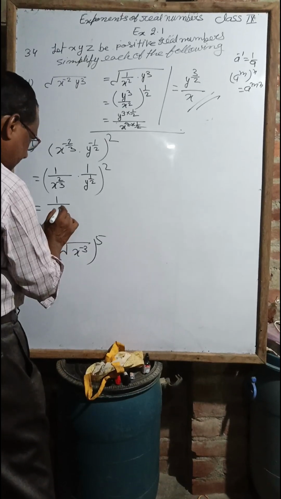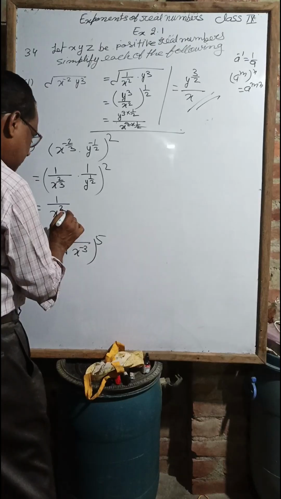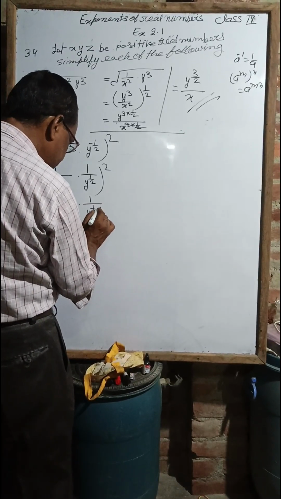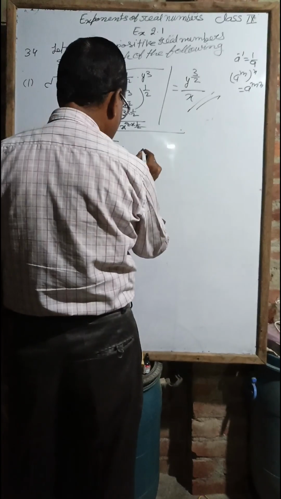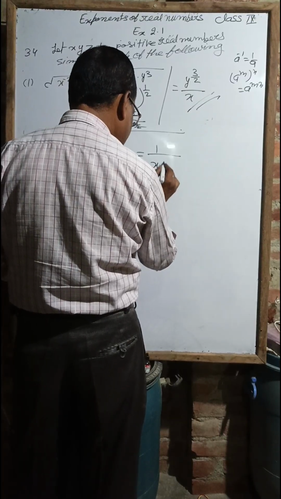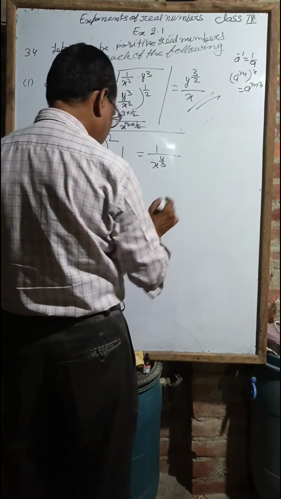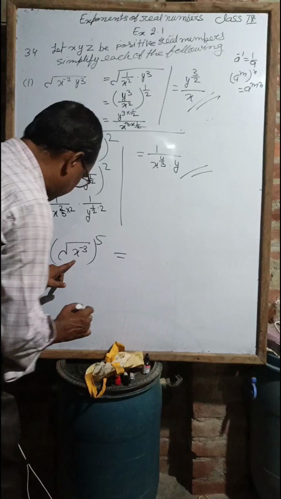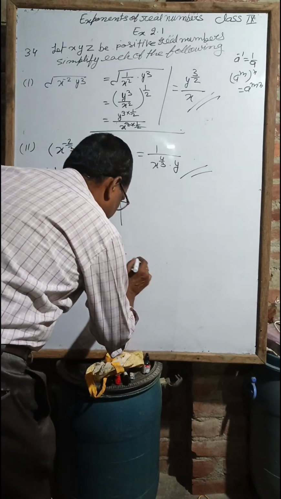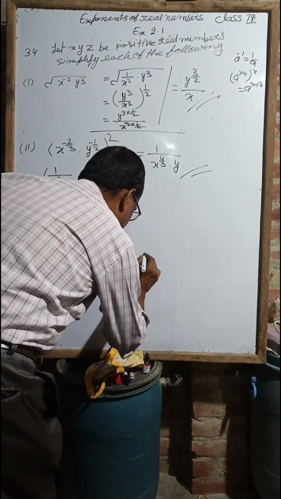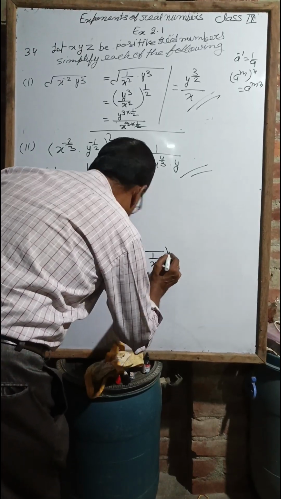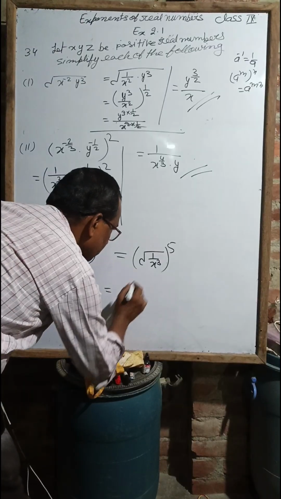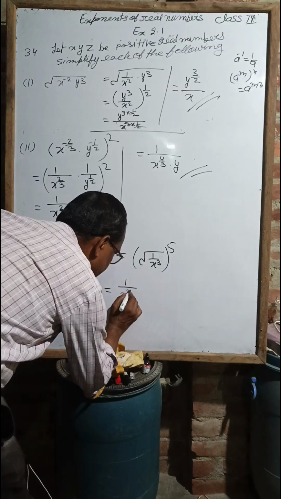So x to the power minus 2 over 3 times y to the power minus 1 over 2, whole to the power 2, is equal to 1 upon x raised to the power 2 over 3 times 2 into 1 upon y raised to the power 1 over 2 times 2, is equal to 1 upon x raised to the power 4 over 3 times y.